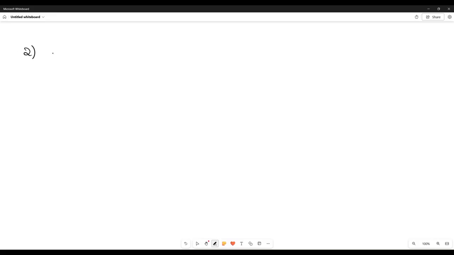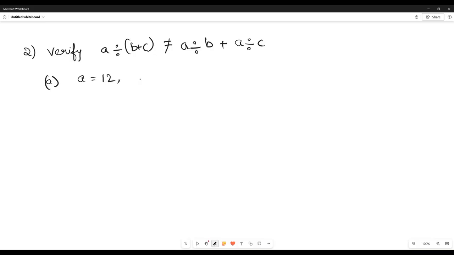Second sum is verify: A divided by B plus C is not equal to A divided by B plus A divided by C. So they have given two questions. First one, A equals 12, B equals minus 4, C equals 2.